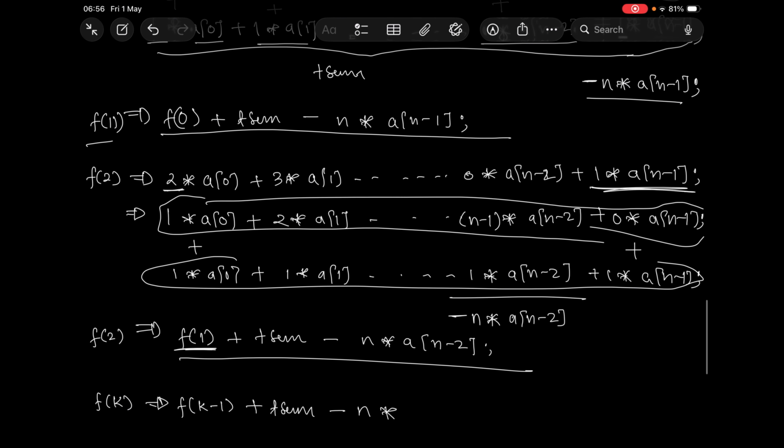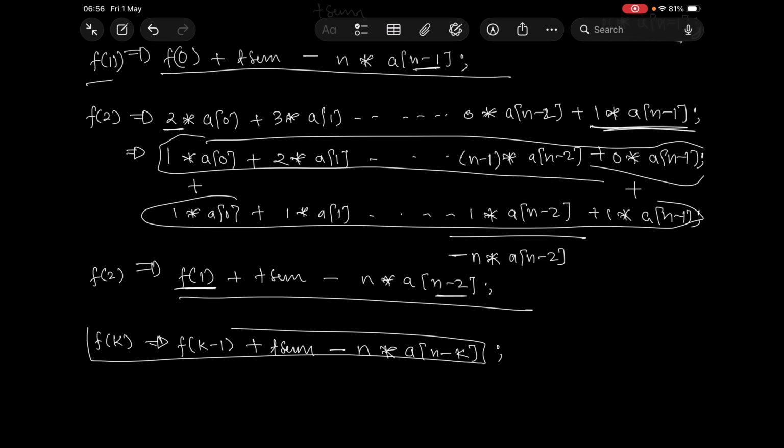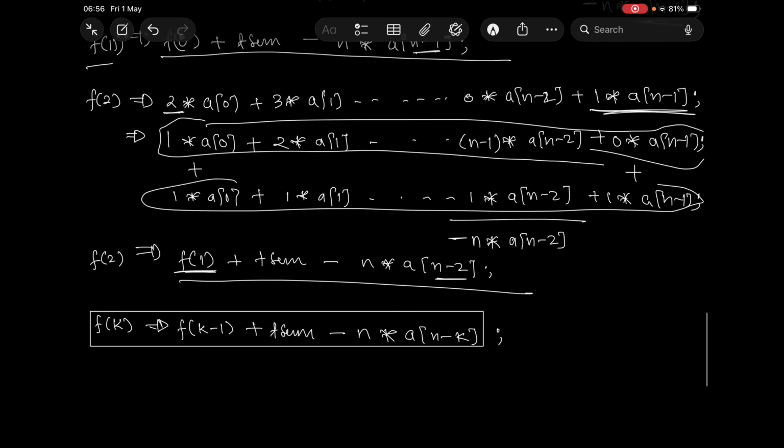For f of 1 it is array of n minus 1, for f of 2 it is array of n minus 2, so this is changing. For f of k it would be array of n minus k. Okay, so this is how the formula would look like for function k.